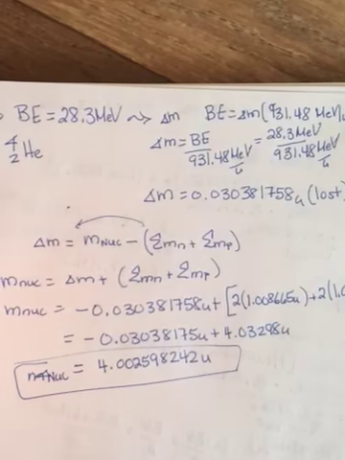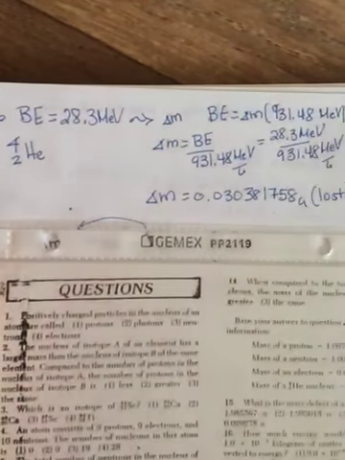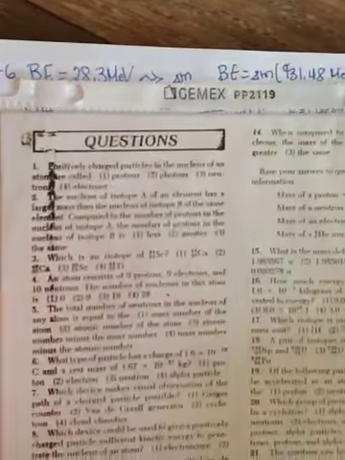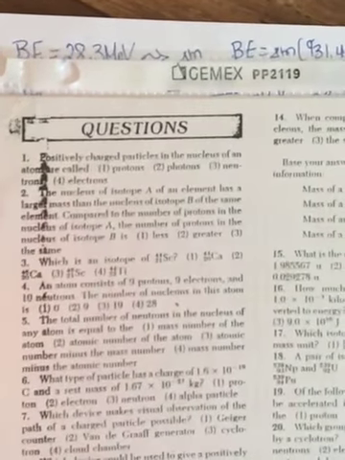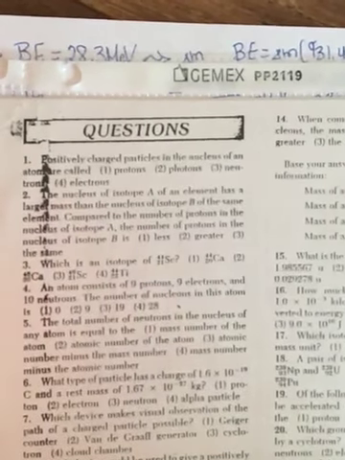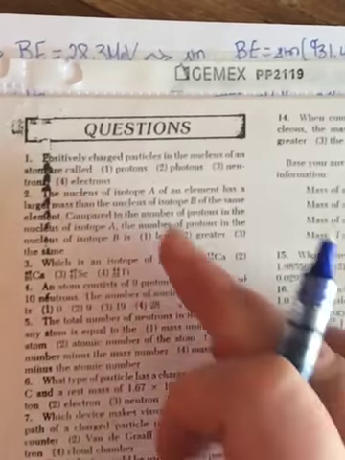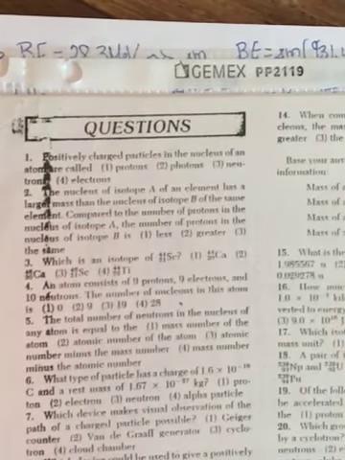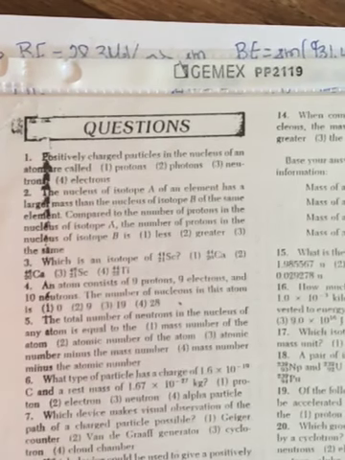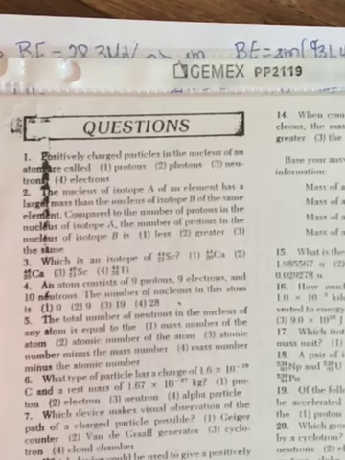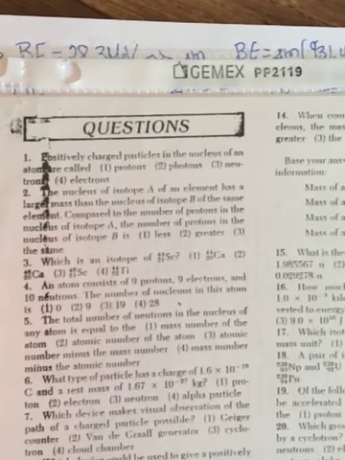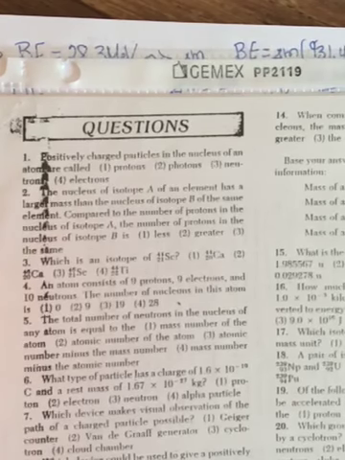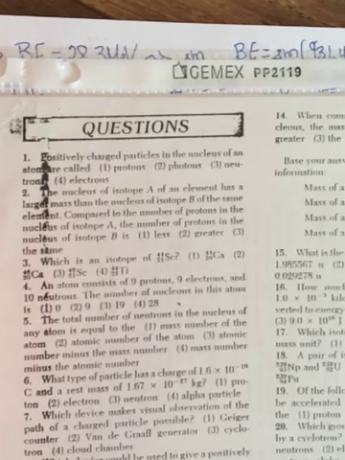Okay, so then I also asked you to do the questions on this multiple choice sheet. All right, and so maybe we can just quickly go through them. I'm hoping they weren't bad, even though the first ones were a little bit hard to figure out. Positively charged particles in the nucleus of an atom, I'm hoping you picked, are called protons. The nucleus of an isotope A of an element has a larger mass than the nucleus of isotope B of the same element.